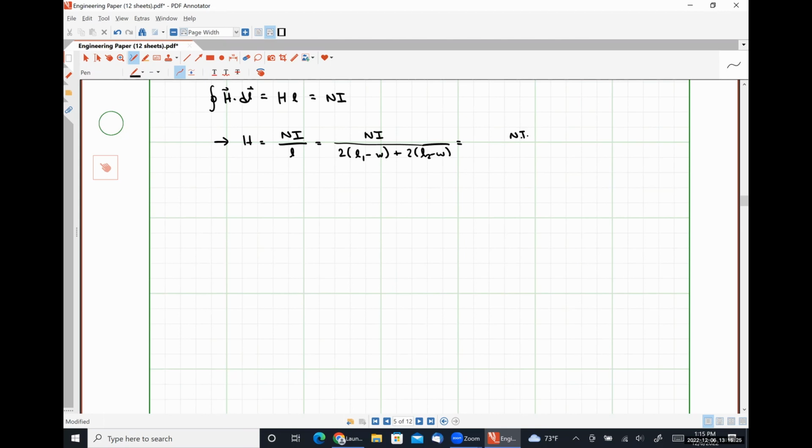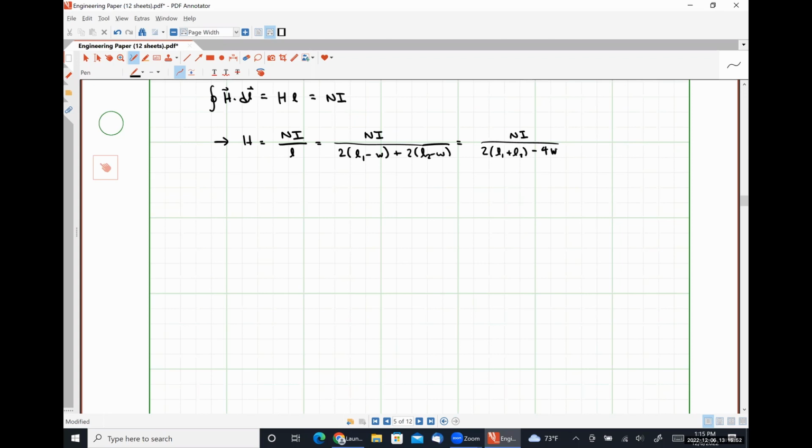So lumping things together, that's going to look like 2 L1 plus L2 minus 4 W. And if we had numbers for anything, that's what our magnetic field intensity would be, effectively at all points inside of our core.